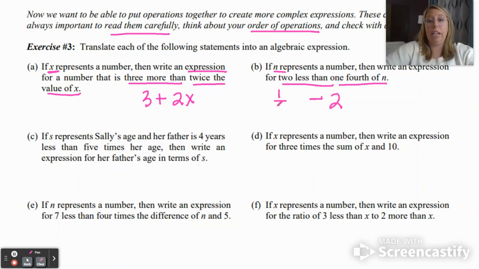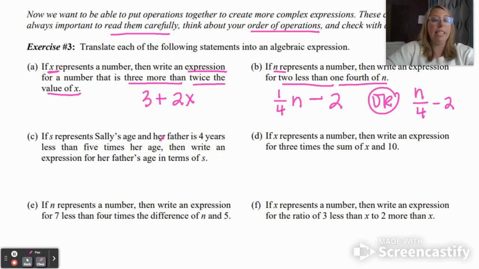That literally translates to this, 1/4 times n. But remember we talked about on your chart that if your top number is a 1, you could write it as n divided by 4 and then subtract 2. Either of these is acceptable. This way is a little neater and more concise than putting the fraction, but either of them is correct.